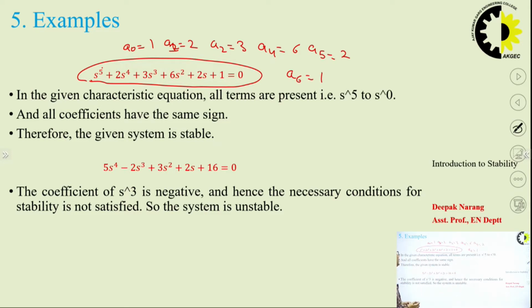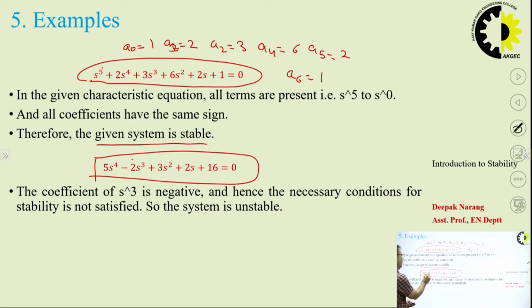So all the coefficients are present with the same sign. There is no sign change, so the system is stable. But in this example, we observe that a negative sign is coming, that is A1 is -2. So there is a change of sign, so this system is unstable.